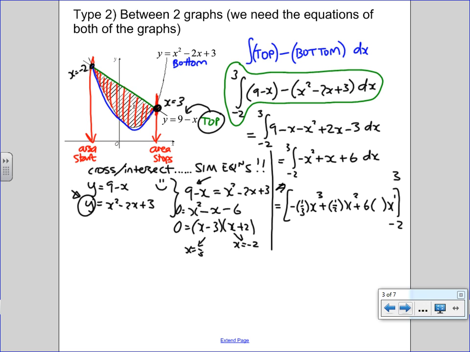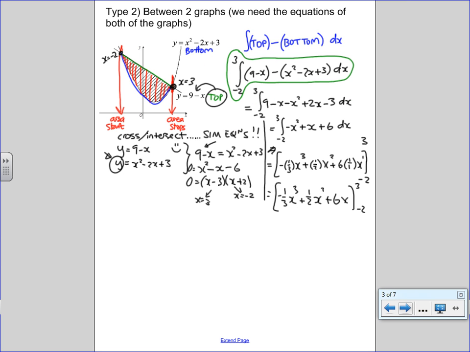The 0 increases to a 1, turn it upside down. I think what I'm looking at is minus a third x cubed plus a half x squared plus 6x from minus 2 to 3. Have you got an answer? I have got an answer. The calculator reckons that that is 125 over 6. Okay. See how I get on.